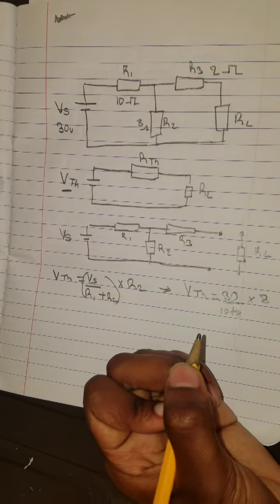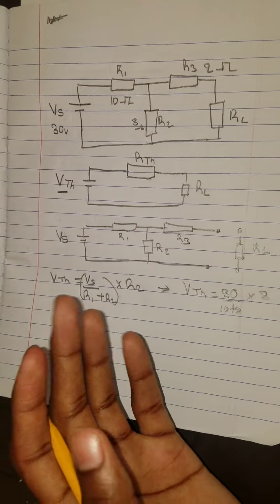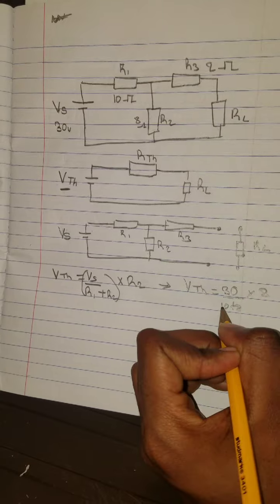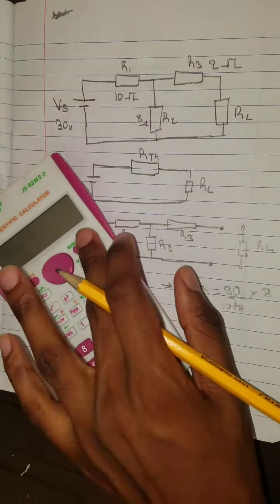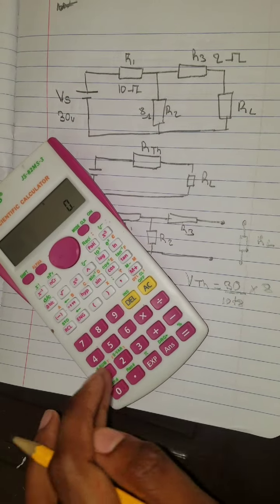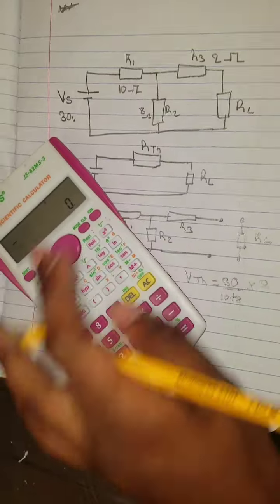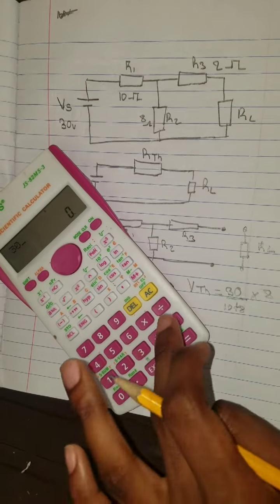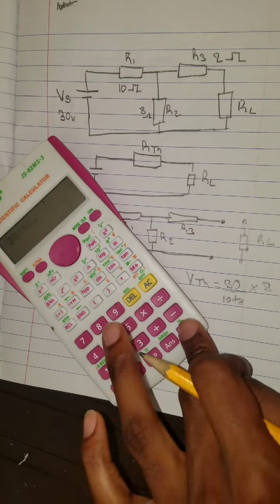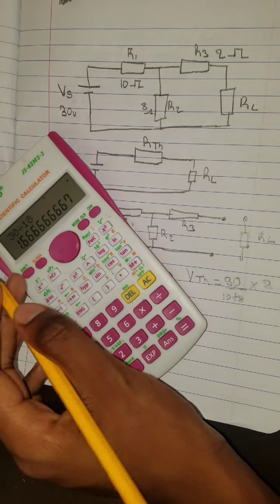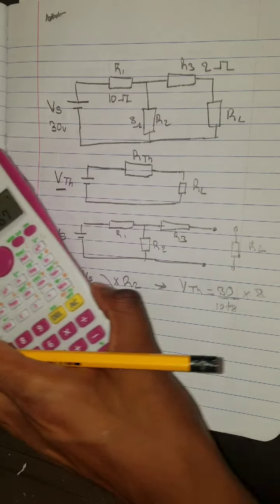Okay, so we can work this out now. 10 plus 8 is 18, and 30 divided by 18 is this number right here, and we can round it off to 1.67.